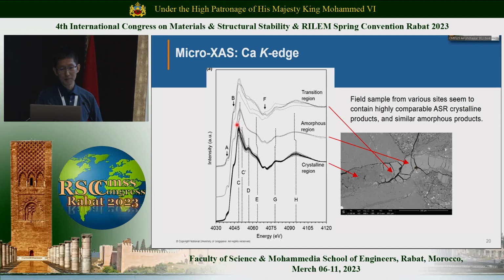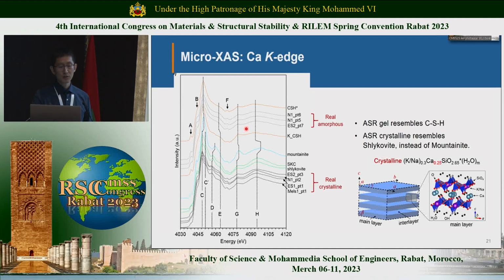If you look at the main peak positions, the number of peaks, all the features, they are very different. So from this fingerprint comparison, it indicates that these 2 types of material are just different. So then we compare these with reference samples.